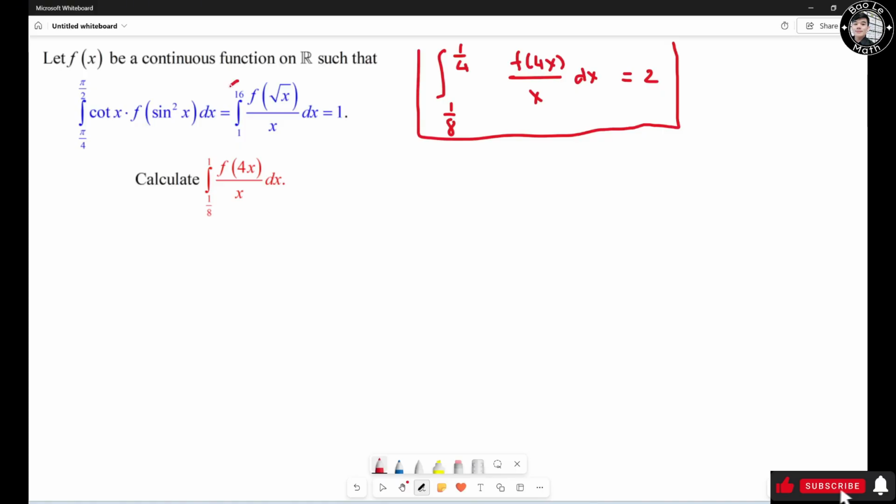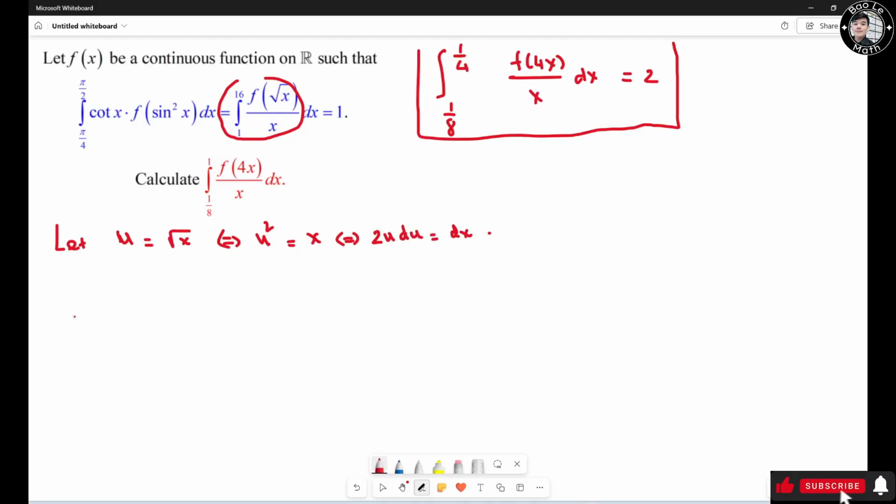Now I'm going to move on to the second one, which I call I2. I'm going to let u equal root s. Squaring both sides, u squared equals s. Taking the derivative of both sides, 2u du equals ds.